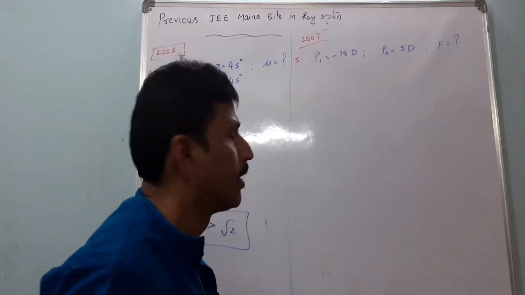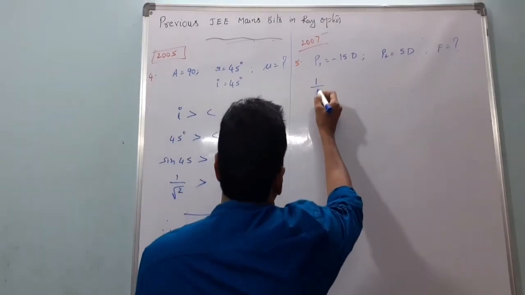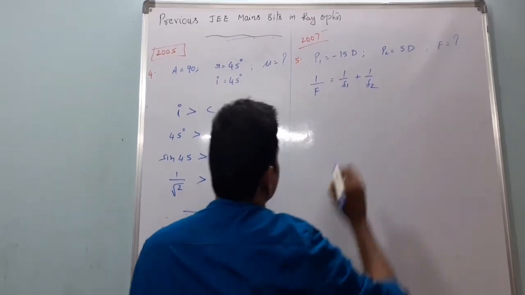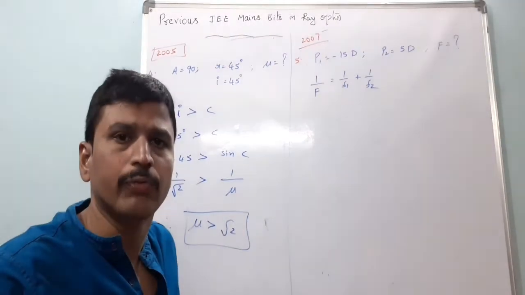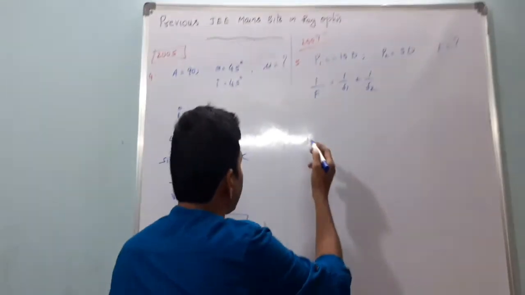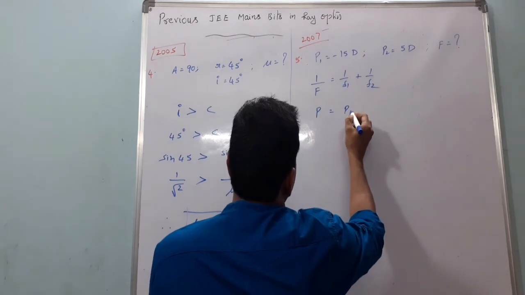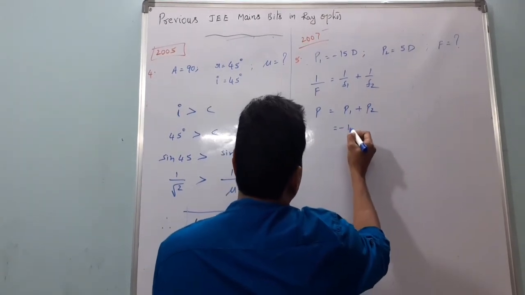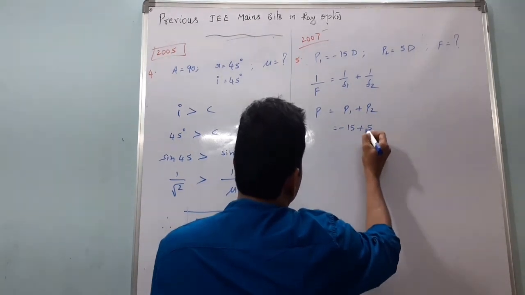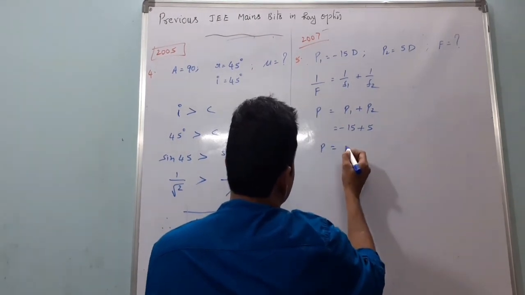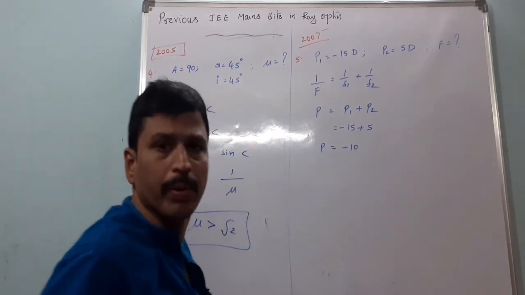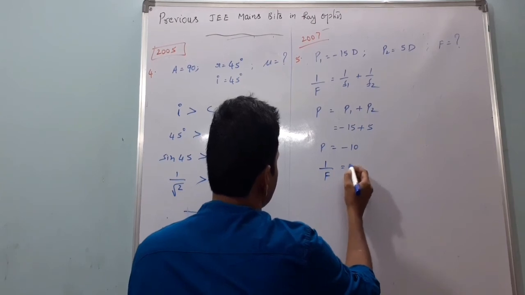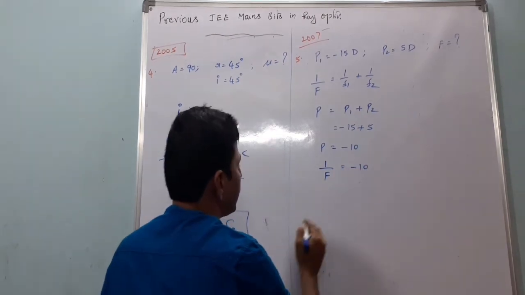So we know the formula 1 by F is equals to 1 by F1 plus 1 by F2. The reciprocal of focal length is called power. So it can be written as power P is equals to P1 plus P2. P1 means minus 15, P2 means 5. Therefore, P is equals to minus 10.